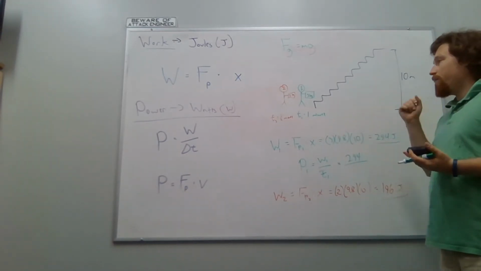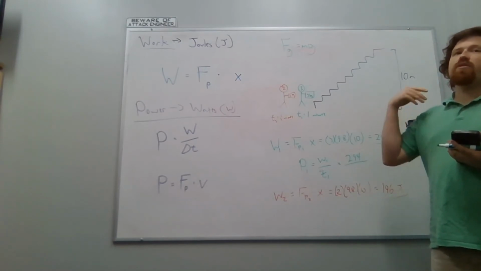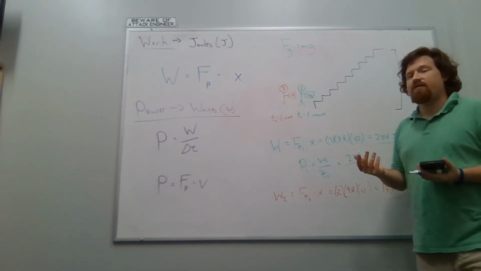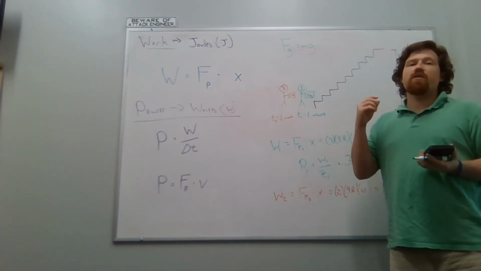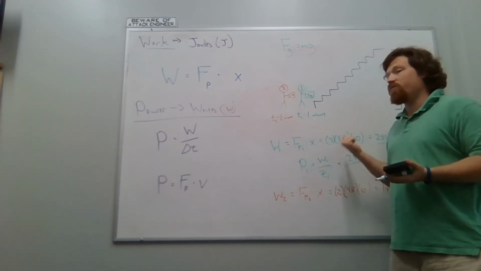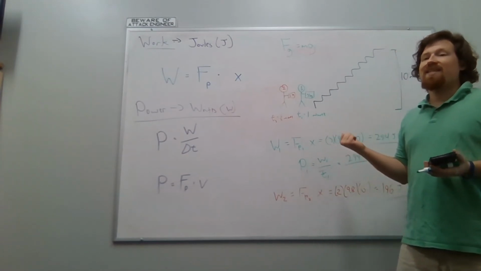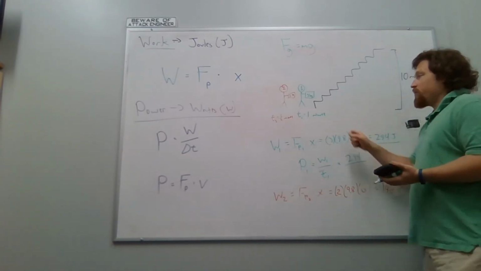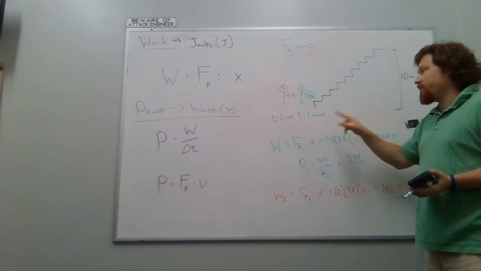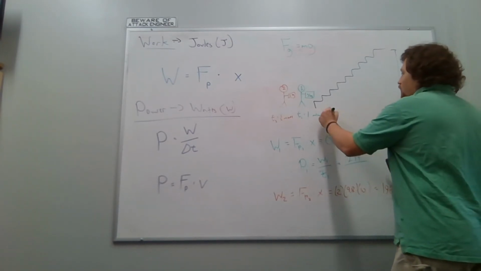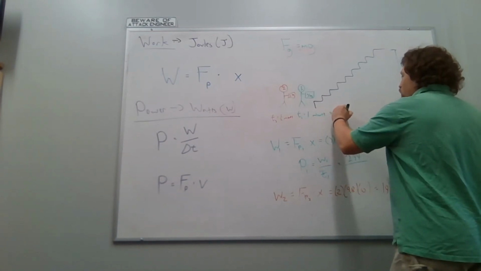Now, just like how we want to use kilograms for mass and meters for distance, there is a specific unit we prefer to plug in for time in all of our formulas, and that is seconds. So we can't plug in 1 minute, we have to plug in seconds. So there are 60 seconds in 1 minute.